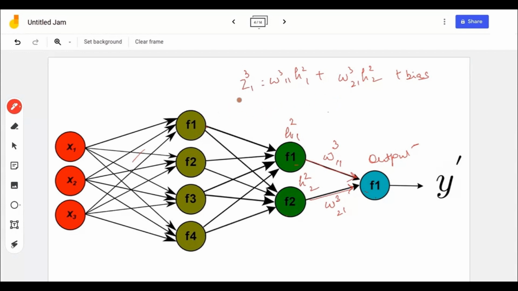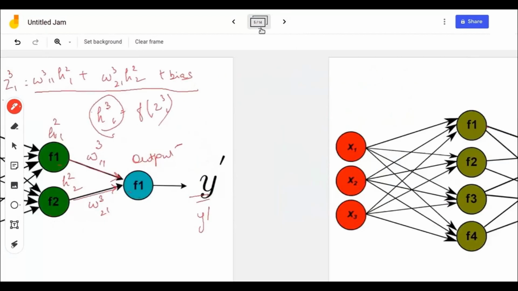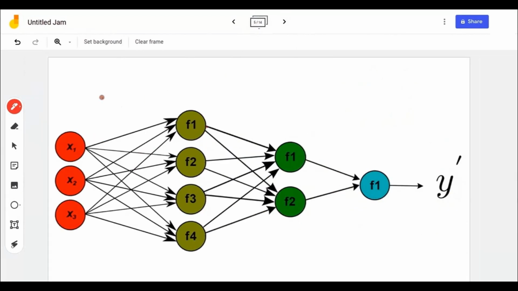Okay, so back to the thing. You multiplied the weights with the inputs and added the bias, and now you will get the final output, which is equal to function of Z31. This output is also equal to Y dash. So what did we understand from this? This whole process is going forward, right?